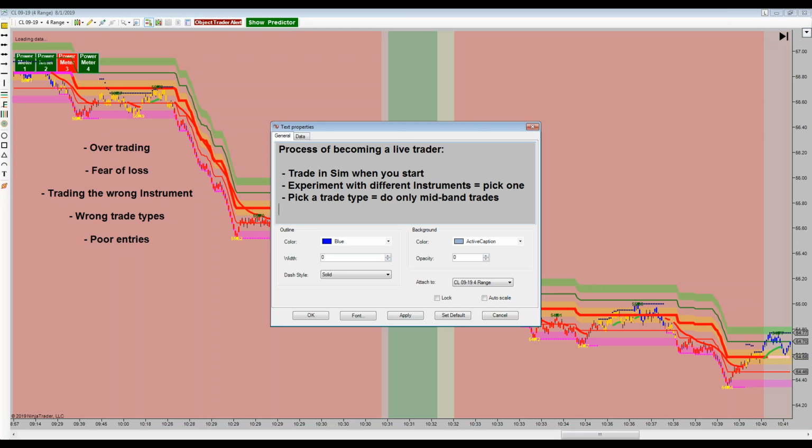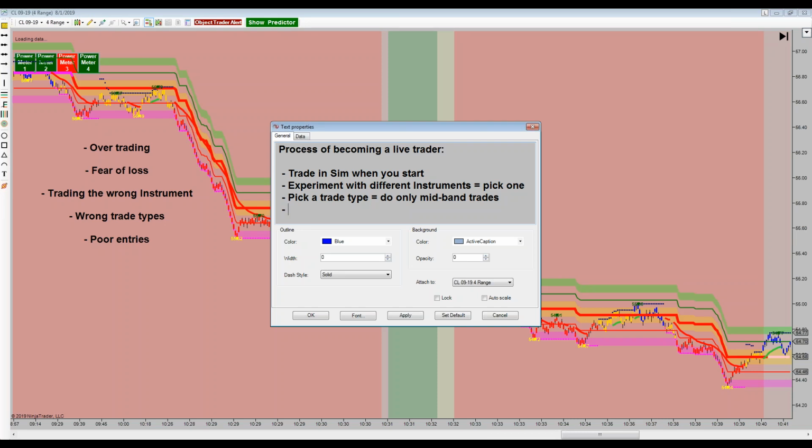Now, how do you know it's time to transition to trading micro E-minis? How are you going to measure yourself? What needs to happen for you to say, I think I'm ready to go on to some live money?